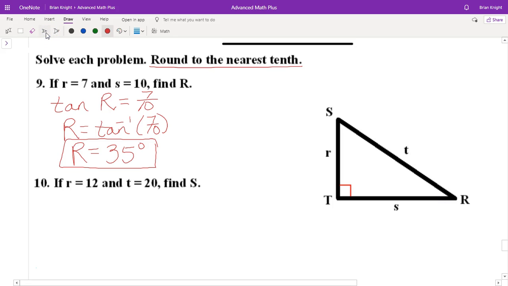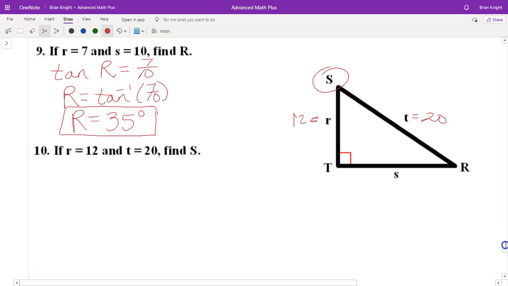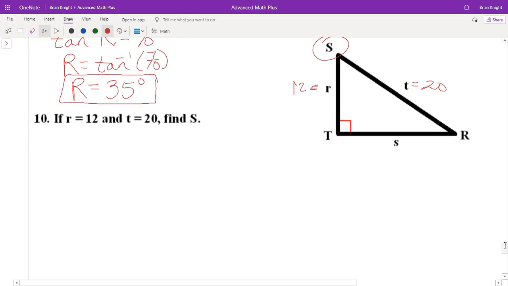So we're going to do the same thing for number 10. Label it a little different here. It says R is 12 on number 10, and T is 20. And this time we're finding angle S. So what sides did they give me to angle S? Adjacent and hypotenuse. Well, what does that use? Cosine.